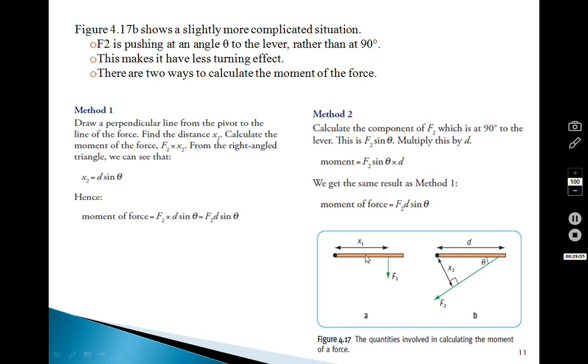As we can see from this figure, F2 is pushing at an angle theta greater than 90. This makes it have less turning effect, because the angle is not at 90 degrees.